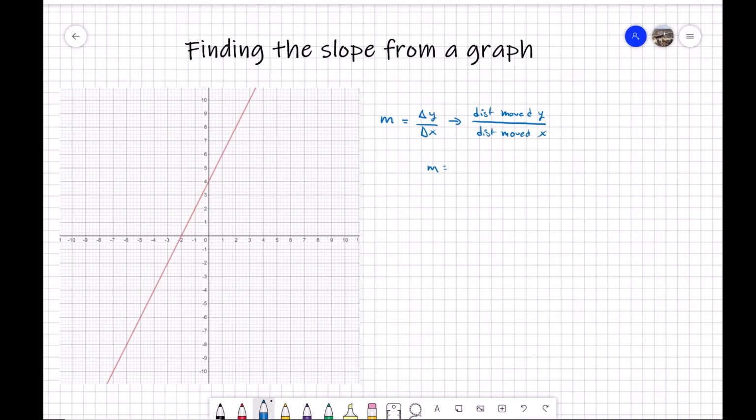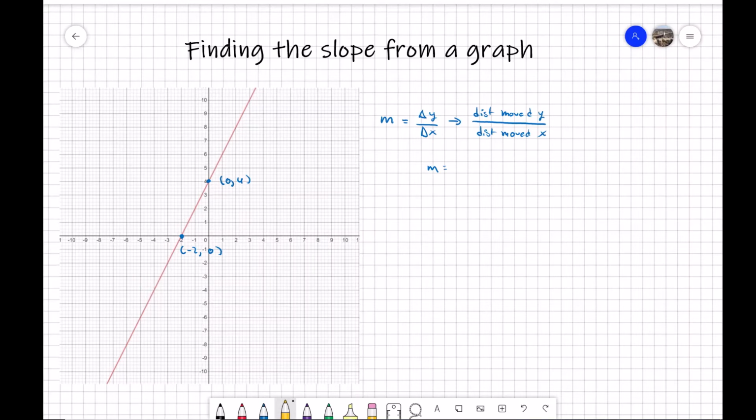First I'm going to look for 2 points, which in this case are 0,4 and -2,0. Now all I have to do is find how much it moved up and down and how much it moved left or right.